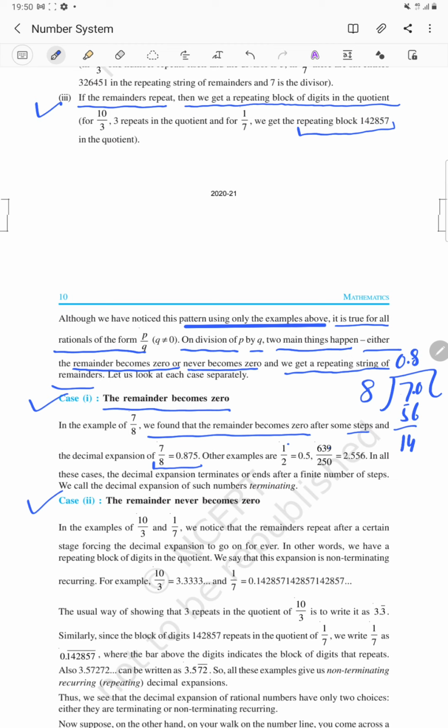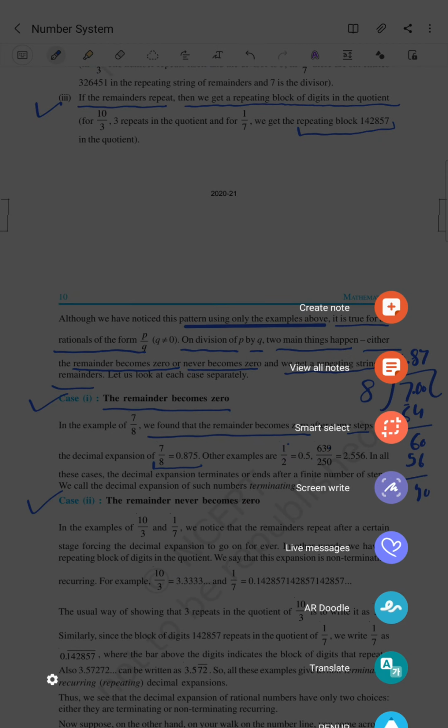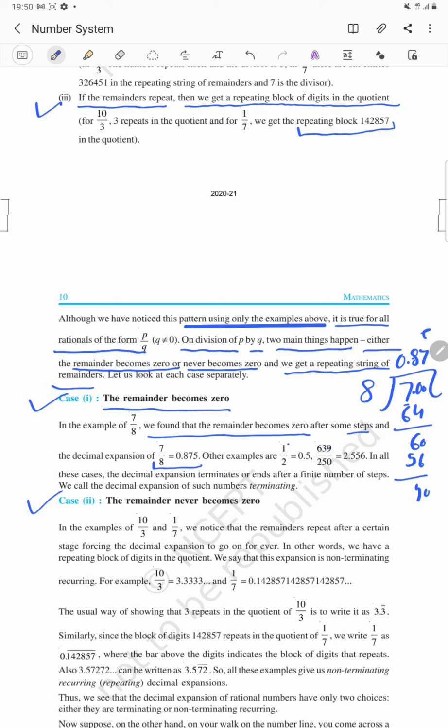Oh, sorry. It is 64. Sorry. 8 8s are 64. So what will we get? 6 here. Now next again 0. 8 7s are 56. And 40. 8 5s, sorry, 8 5s are 40. And the remainder is coming 0.